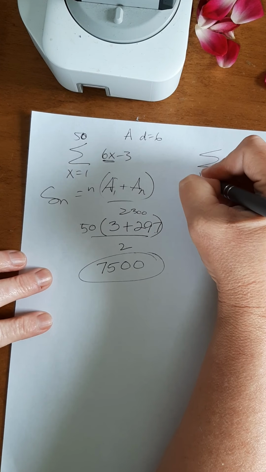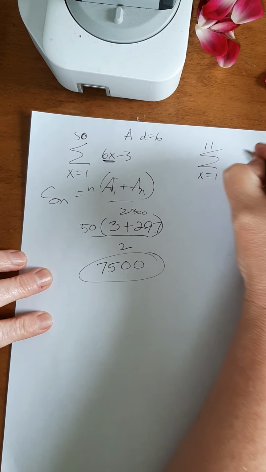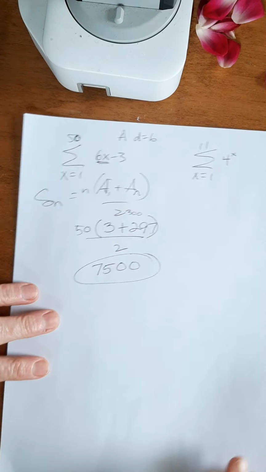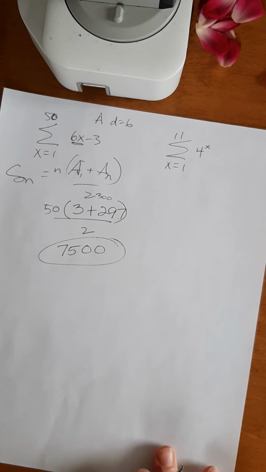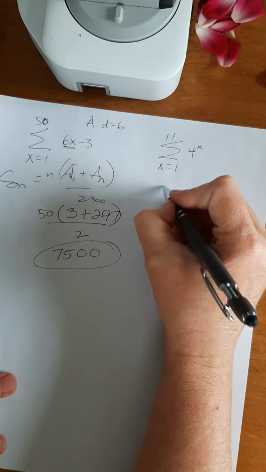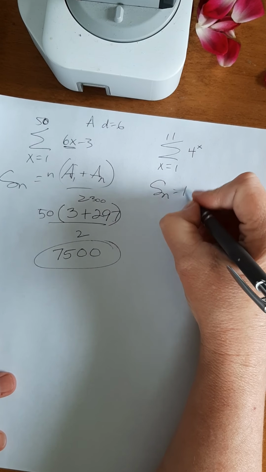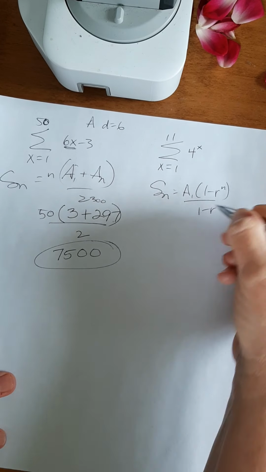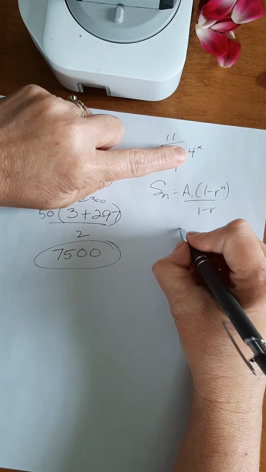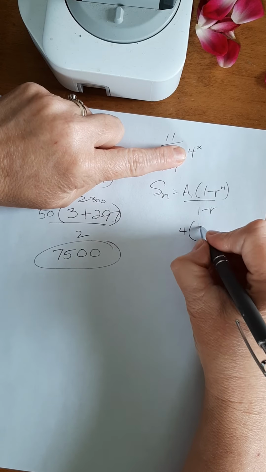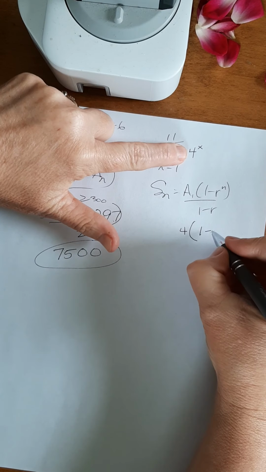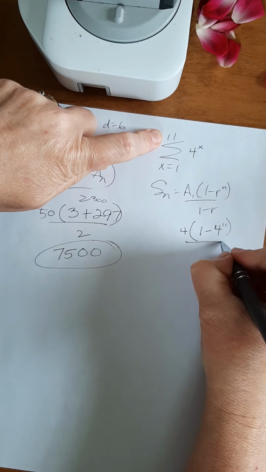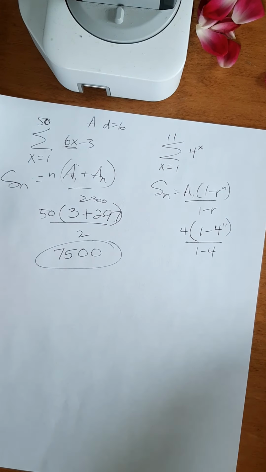Same thing if they gave you something like this, and they wanted to know what is the sum. You can be like, oh, well, that's a geometric one. So first term, 1 minus r to the n over 1 minus r. So first term, 4. 1 minus 4 to the 11th power over 1 minus 4.